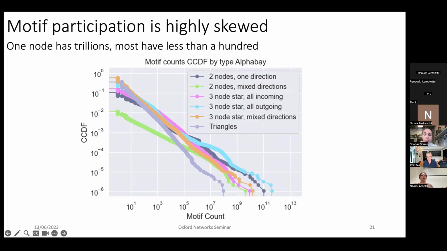But surprisingly, I'll talk about this in a little bit, whilst it was correlated with degree, as you might expect, it was quite loose, in that there were nodes which might have 1,000 transactions, but the motifs they're involved in might be between like 10 and billions. So it really depends on how those transactions are distributed in time for that node.